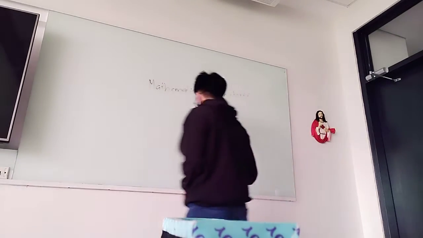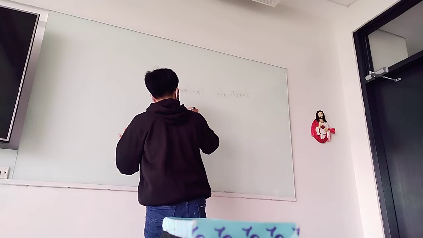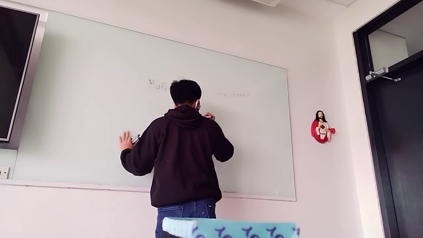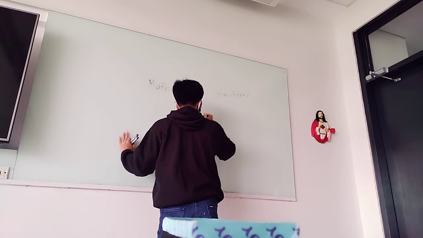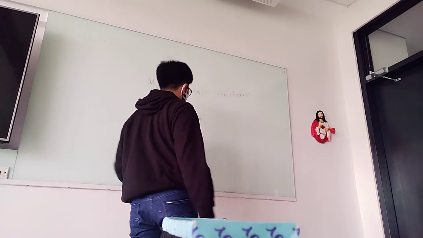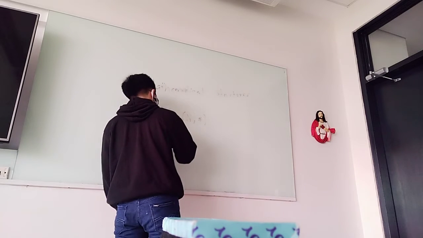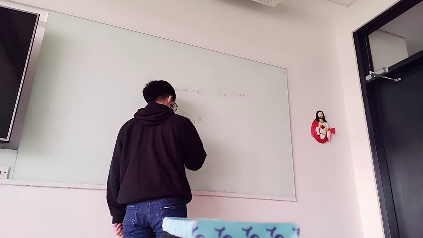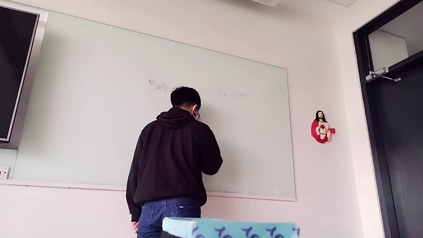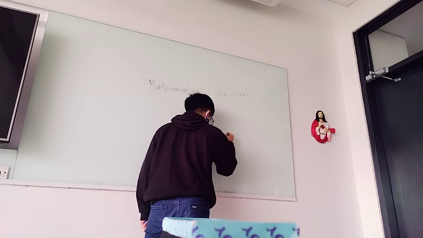So a structure is usually a set, let's say N, equipped with some operator, called asterisk, that maps products, arbitrary products of N, onto itself.